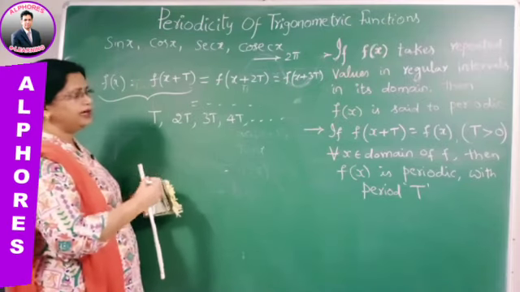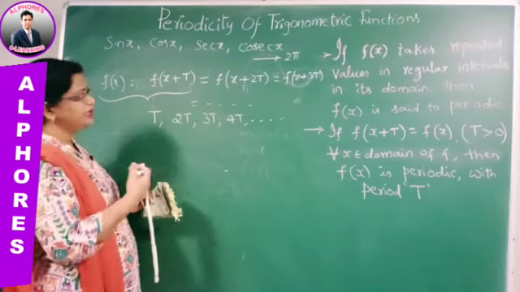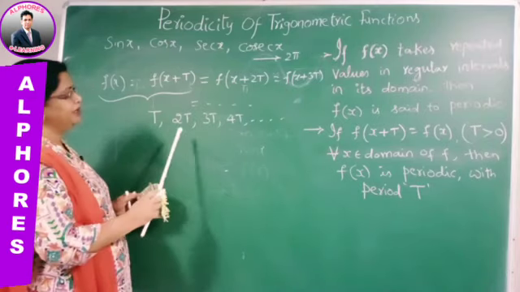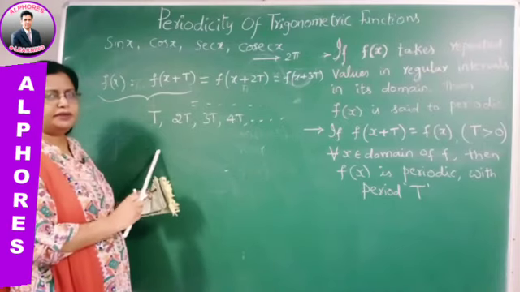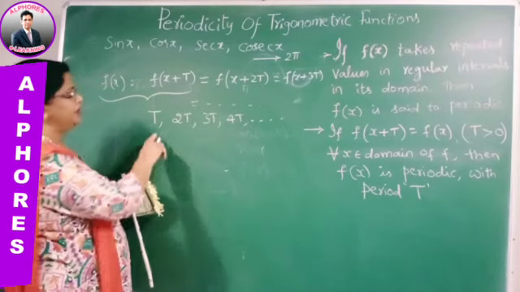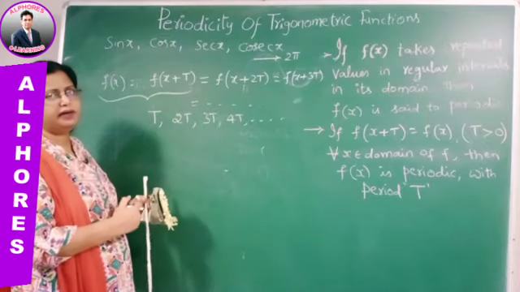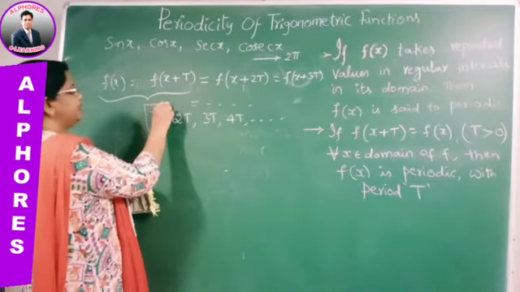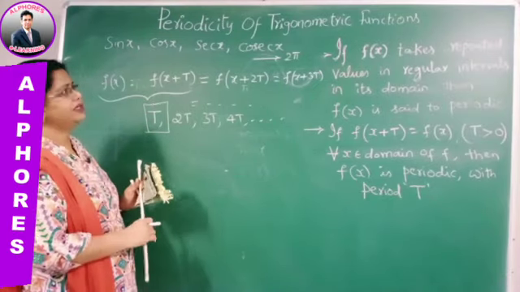Here we use one word, that is fundamental period. What is fundamental period? Among all the periods, the least value is known as the fundamental period. Now these are all periods of a particular function f of x. Then we say t is the fundamental period of that particular function.